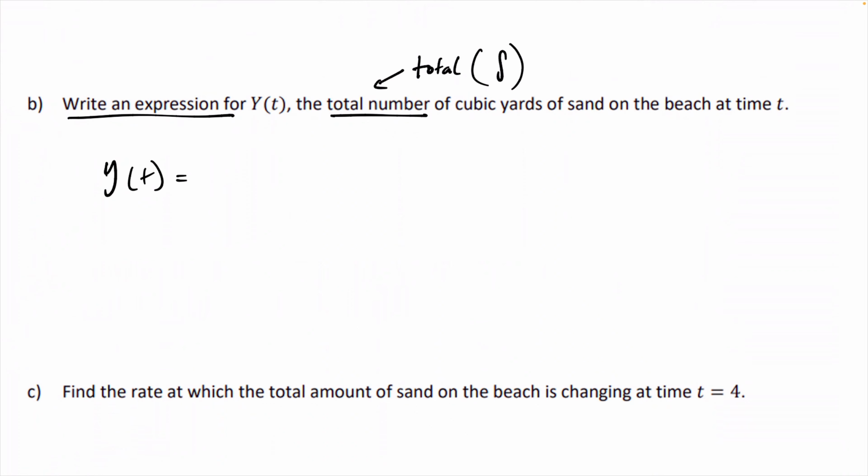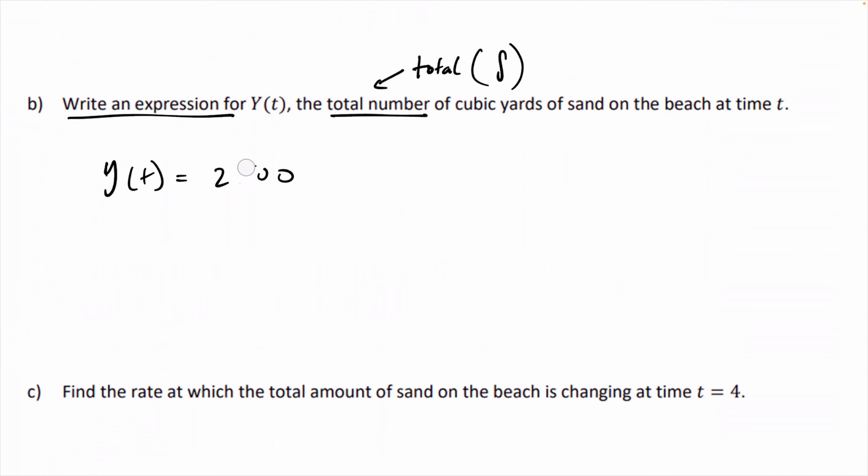So how much is being removed? You have to take that into account. How much is being added? You have to take that into account. And then the initial amount. The old position was 2,500. I don't need to find an integral of that because that's just what they told me.